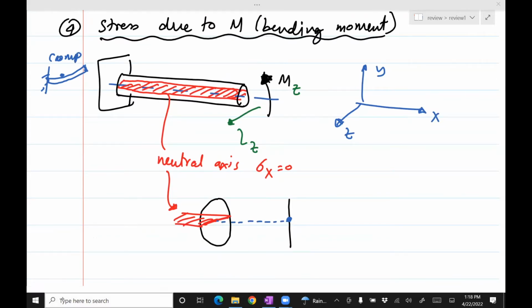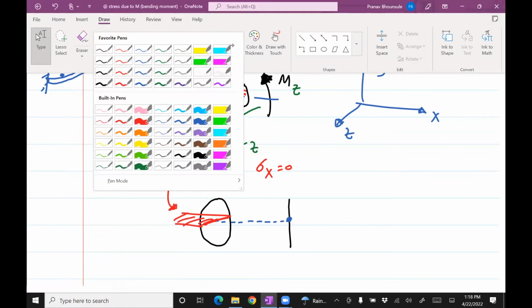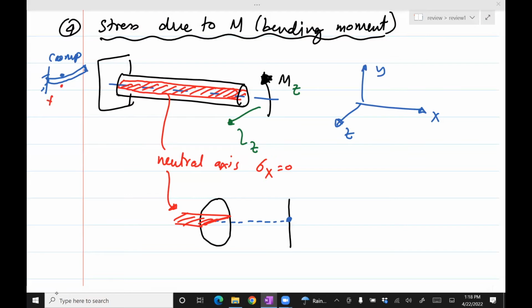Compression, tension, right? You just visualize it instead of trying to think in terms of signs and values. Whichever side is elongated is the side under tension. The bottom side is elongated, so it's under tension. The top one is compressed, so it's in compression.